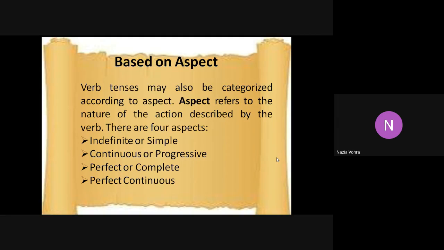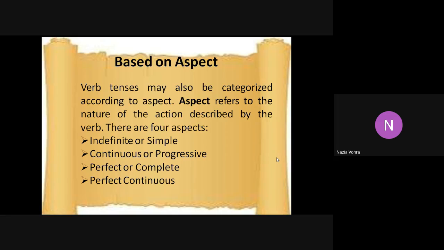So now let's see further things. Verb tenses may also be categorized according to the aspect. Aspect refers to the nature of action described by the verb, and there are four aspects. Depending on the action and the situation, that is called an aspect. We have four other types of tenses: simple or indefinite tense, continuous or progressive tense.